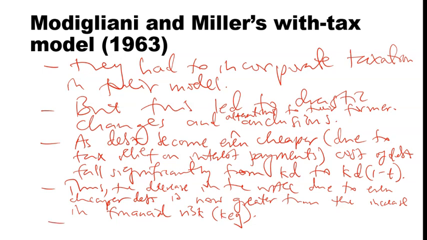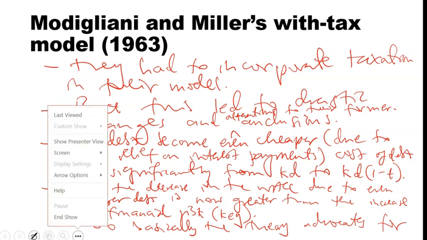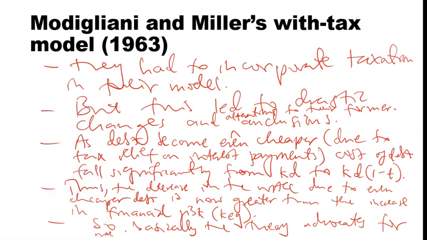Basically, the theory advocates for more borrowing, even up to 99.9999% gearing.